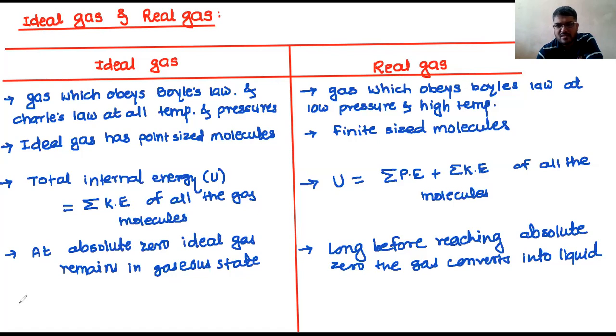Up to some extent oxygen, nitrogen, helium behave like an ideal gas, so they come under the category of ideal gas. Here all the remaining ones are real gases. So note this down, pause the video, and let's move further.